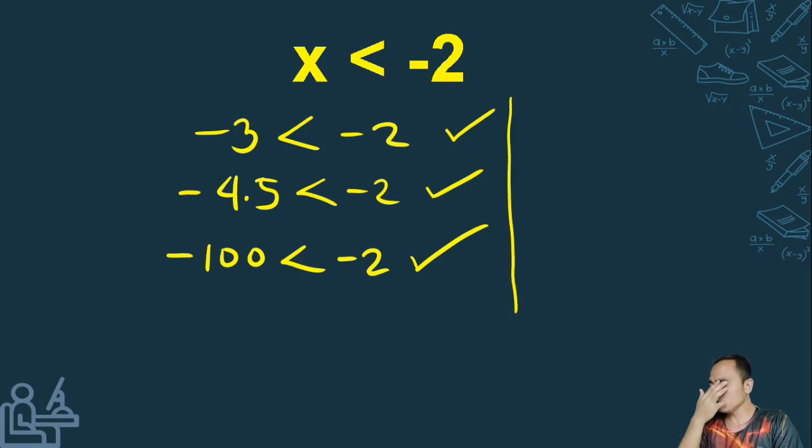According to the definition, not all real numbers make x less than negative 2 a true statement.